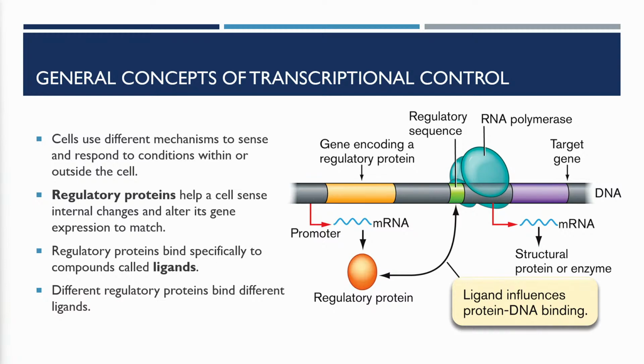Once that ligand is bound, it can alter the ability of the regulatory protein to latch on to the DNA regulatory sequence, and then those proteins can be made. So that's a general concept, but I'll get into this a little bit more to make more sense.